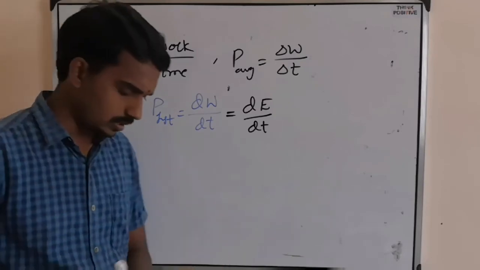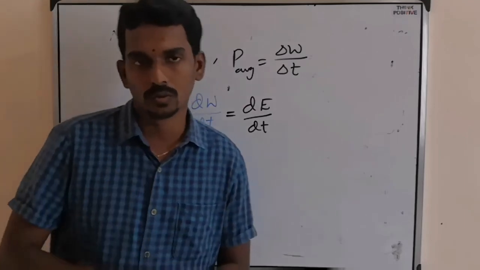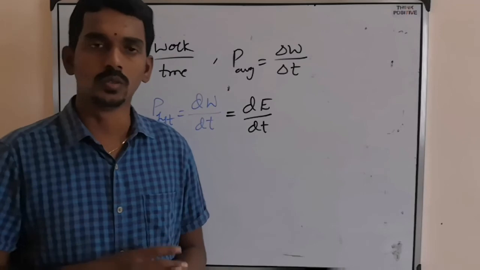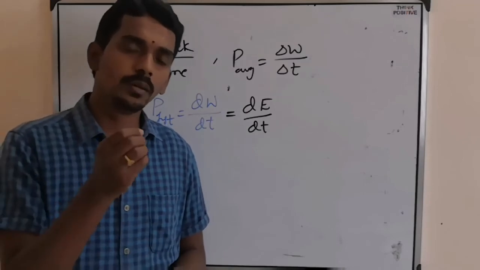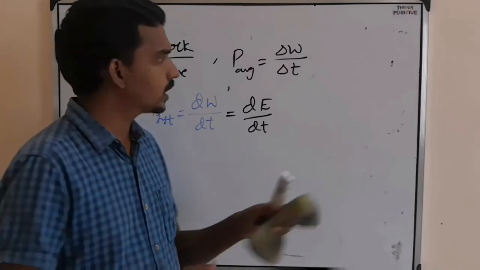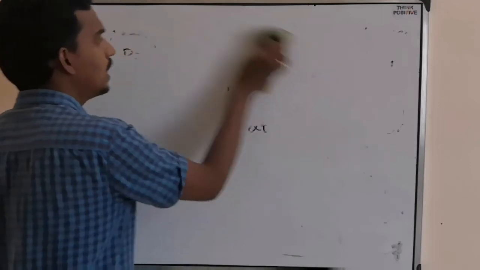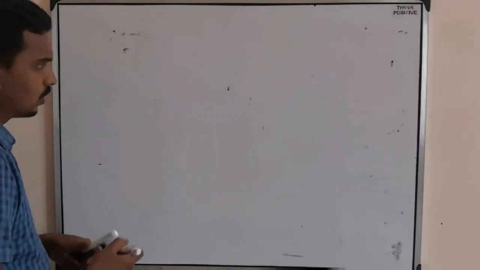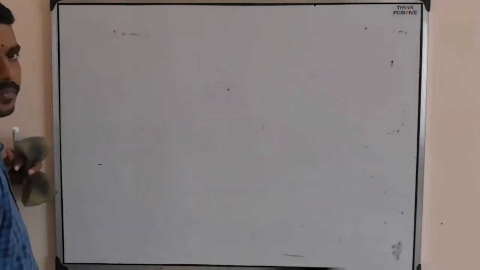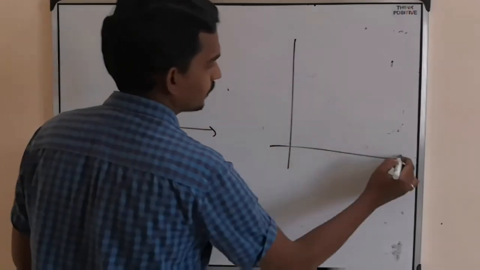So apart from these, we will also use differentiation and integration a little bit related to graphs. What is that? I'll just give you the idea today and then we'll continue in the coming class. So if you consider graphs, there are mainly two types of graphs.